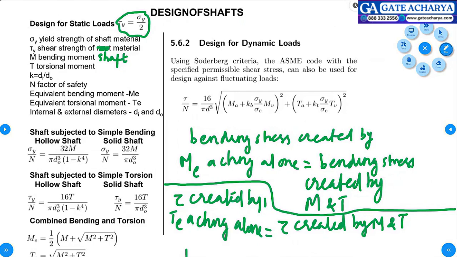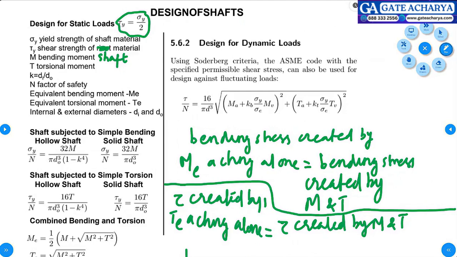Kb is the stress concentration factor for bending. Kt is the stress concentration factor for torsional loading. Mv is the varying amplitude of bending load. Tv is the varying amplitude of torsional load. V means amplitude. It's varying, right? The amplitude is varying.